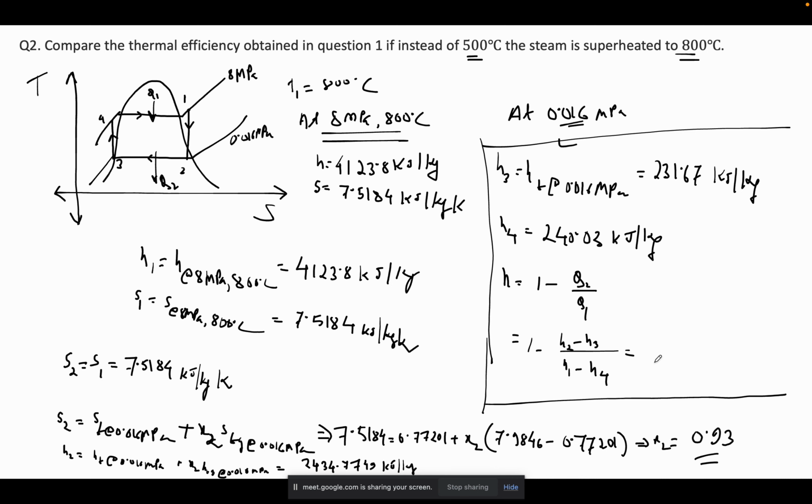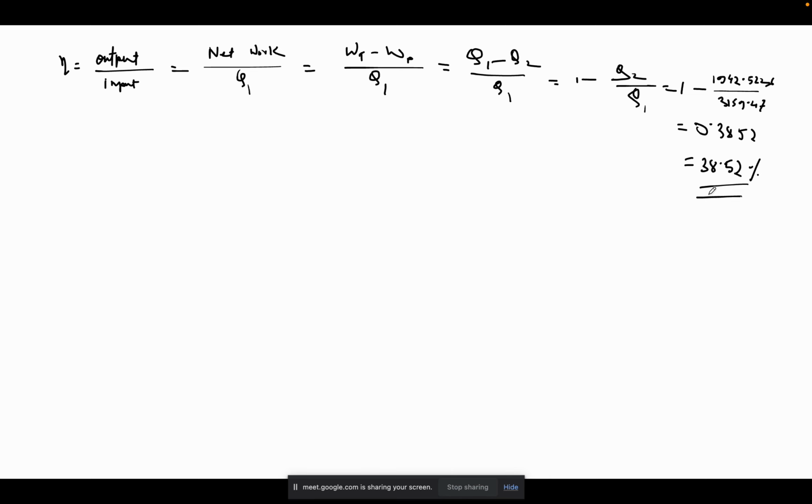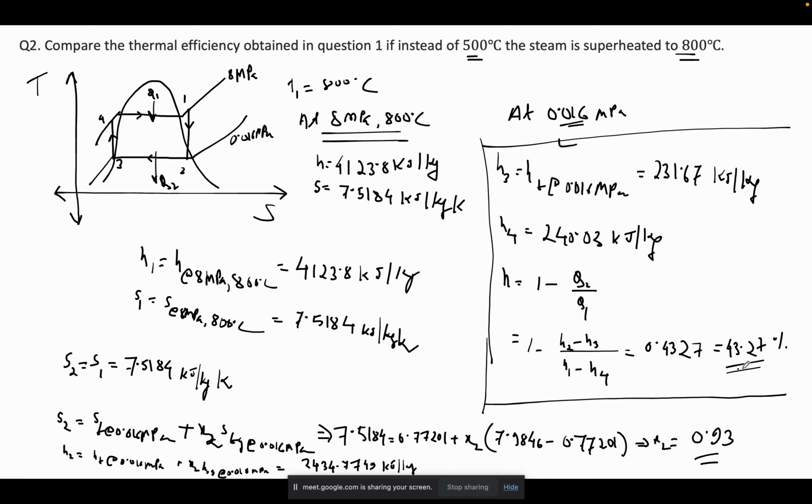Here you have got the efficiency as 0.4327, that is 43.27%. So in the earlier case we got the efficiency as 38%, now we got the efficiency as 43.27%.